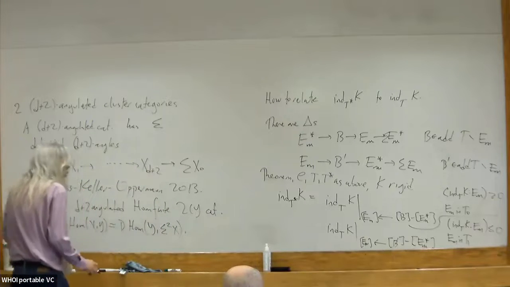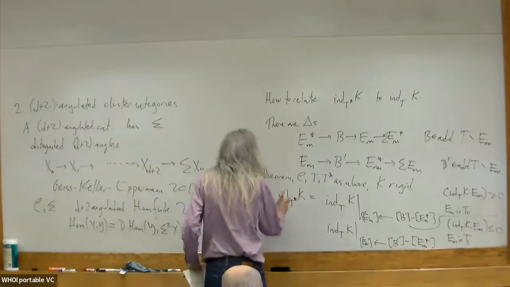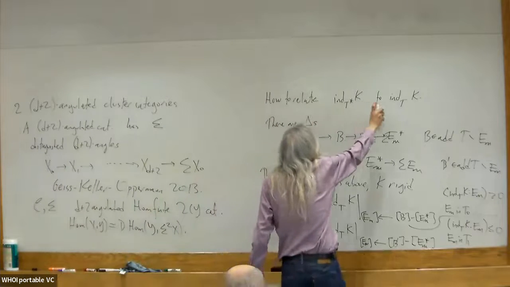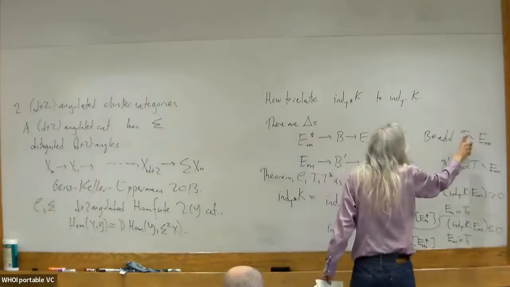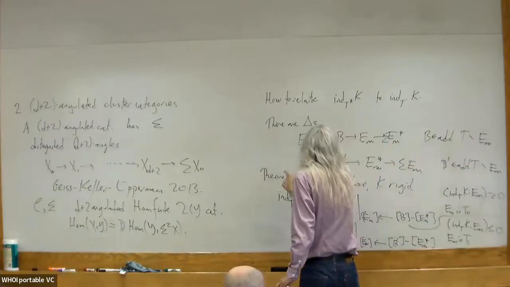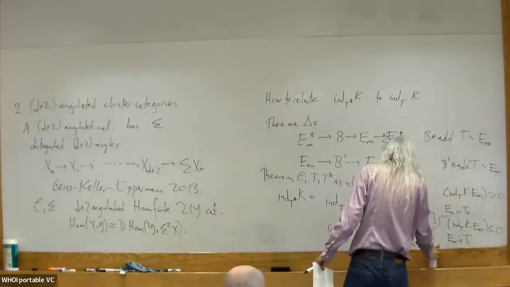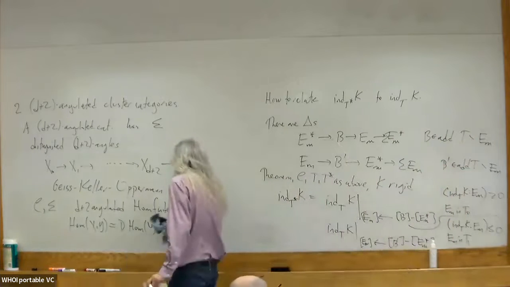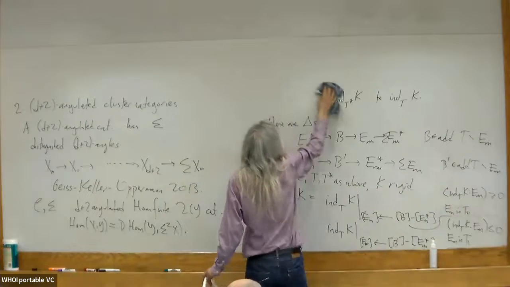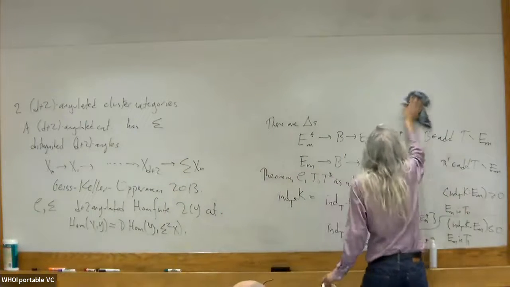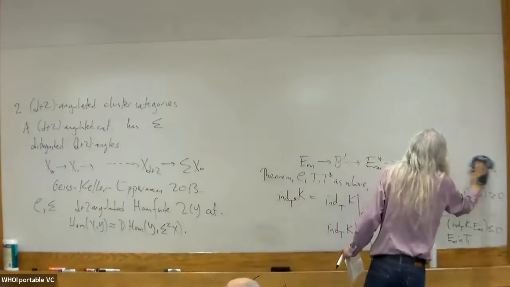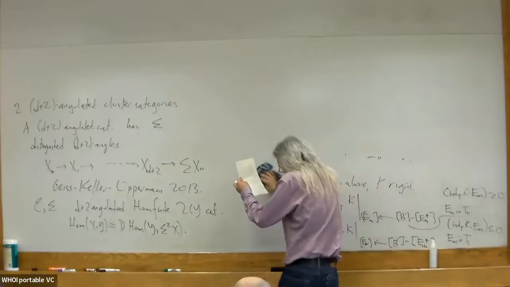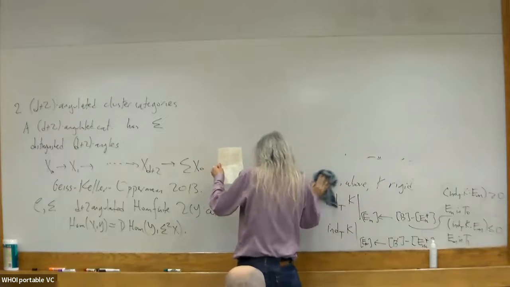In fact, I'm going to slightly simplify some of the statements. I'm going to assume a little bit more on the category, which I don't entirely need, just to make the statements simpler. I'm going to assume that the category comes from a triangular representation finite algebra.